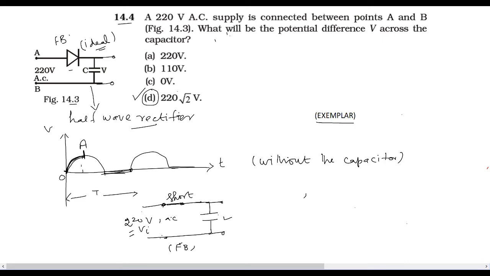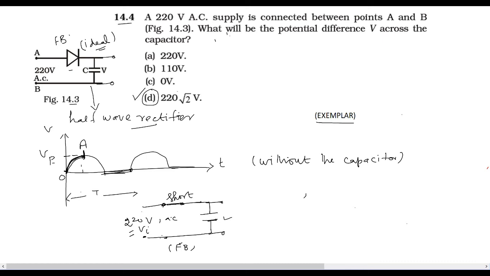So this is the peak value Vp. Once this point A is reached, the capacitor is fully charged because it is at maximum voltage.